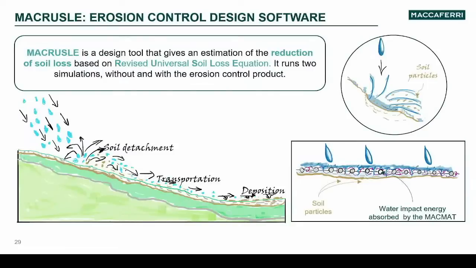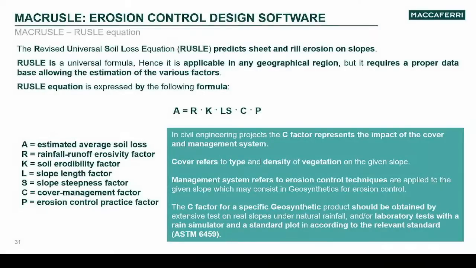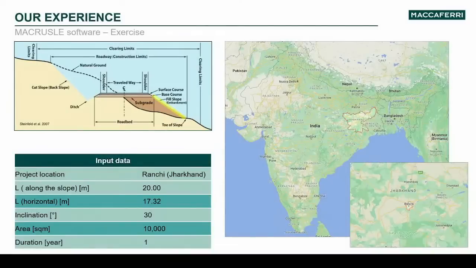The software has simulations: the first is without the use of this solution, and the second is when we are using this solution. So there are different analyses and results for the parameters, the K factor, L factor, C factor, P factor, etc. of the Russell equation, which gives the estimated average soil loss after calculation of all these factors.